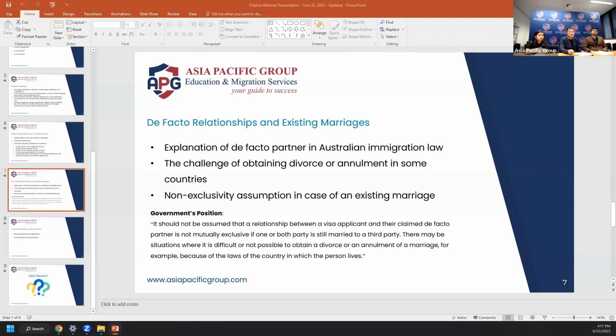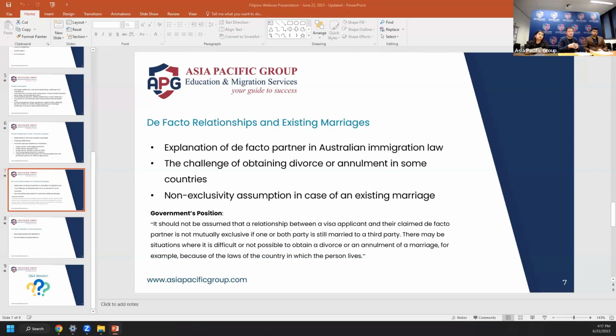The wording is a bit convoluted, but what they are trying to say is that even if you are still legally married to someone, if you are separated on a genuine basis, we can consider individual cases and allow the application to go forward.